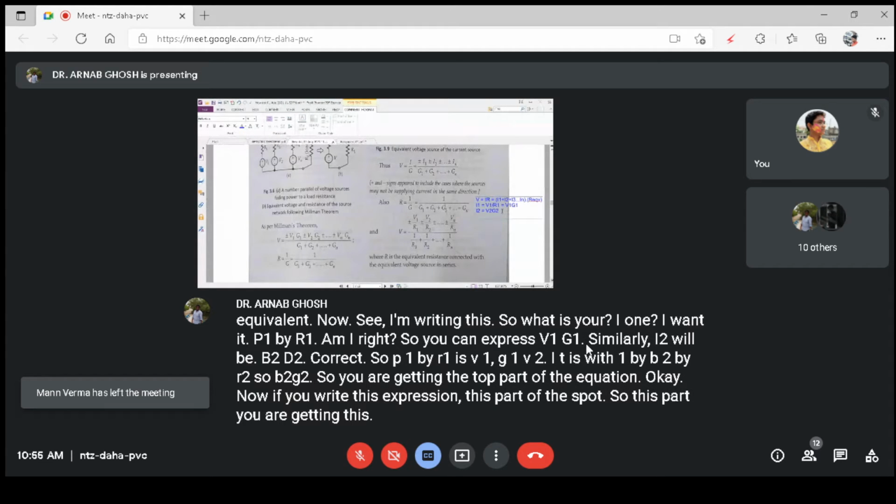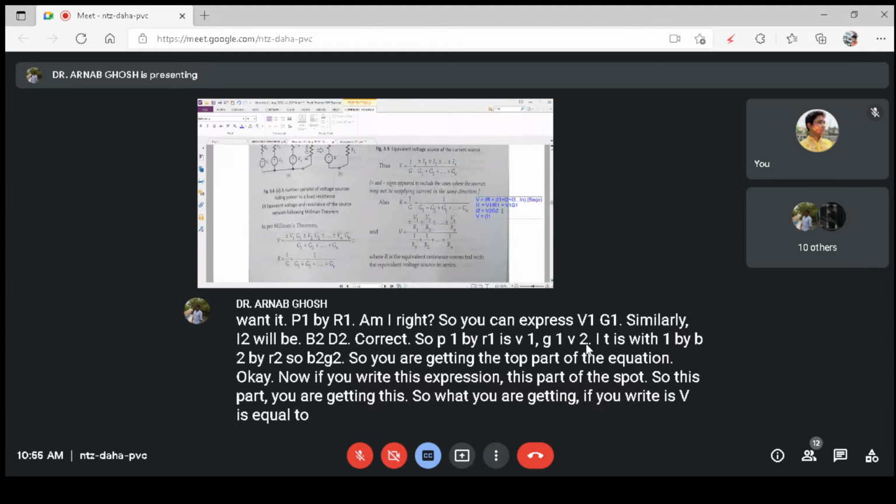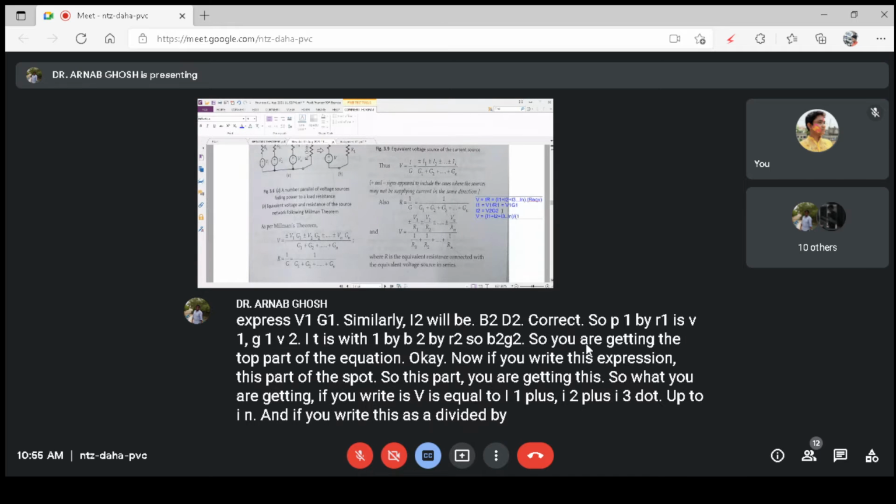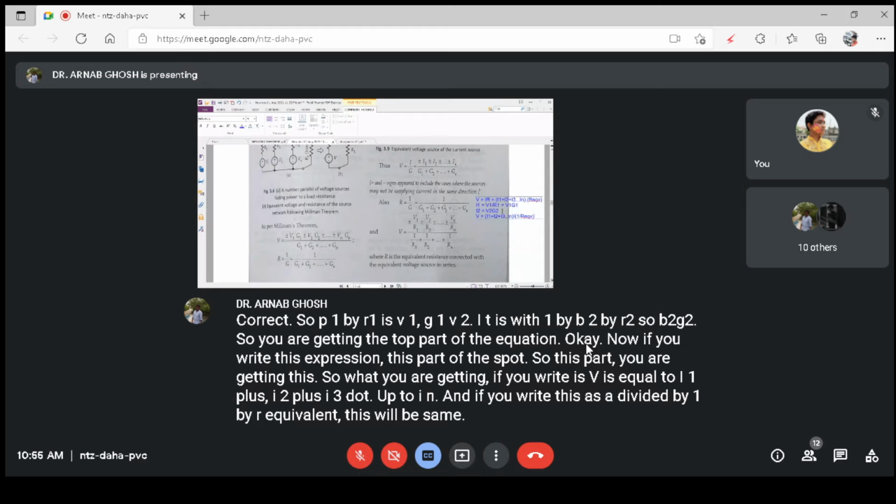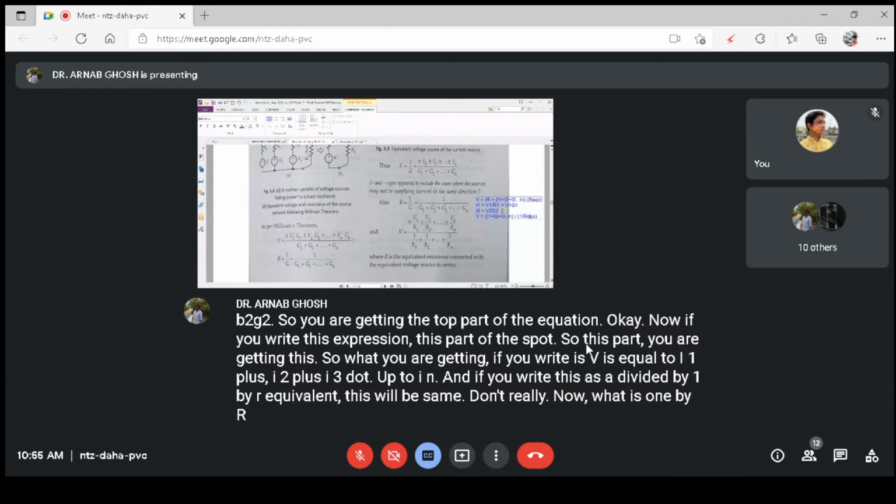So what you are getting is V equal to I1 plus I2 plus I3 dot dot dot up to In divided by 1 by R equivalent. This will be the same. Now, what is 1 by R equivalent?